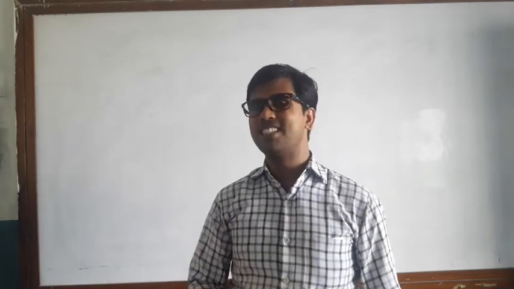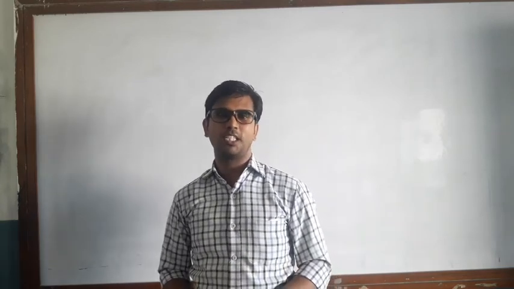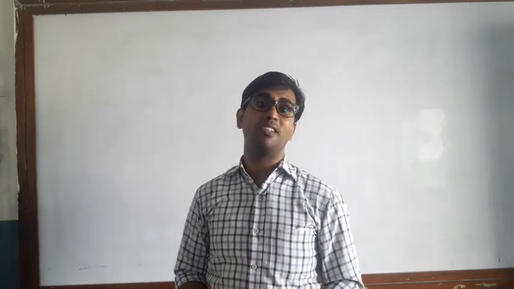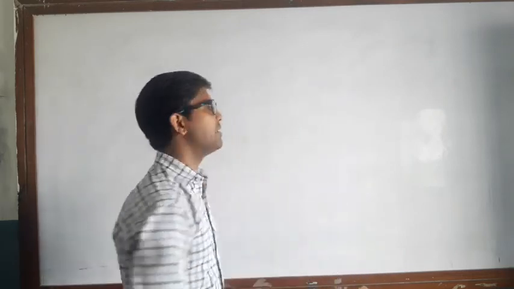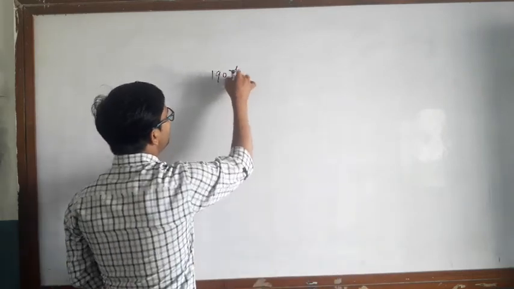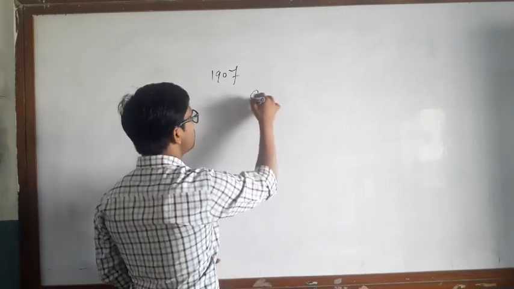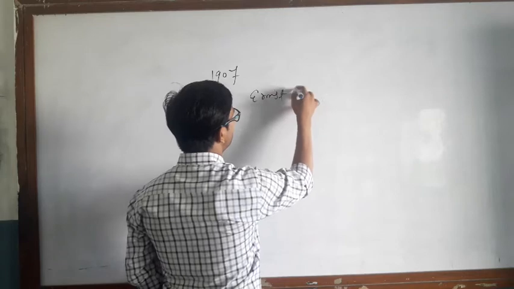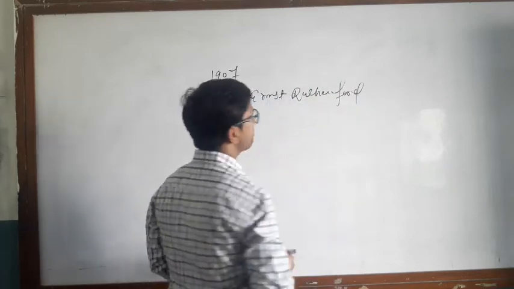There was an incident which I actually shared with you about the death, the suicide of Ludwig Boltzmann in 1906. And just after that, in 1907, one person came into limelight, and his name was Ernst Rutherford.